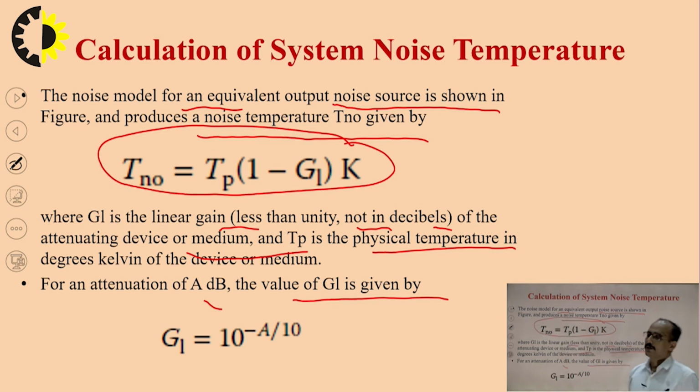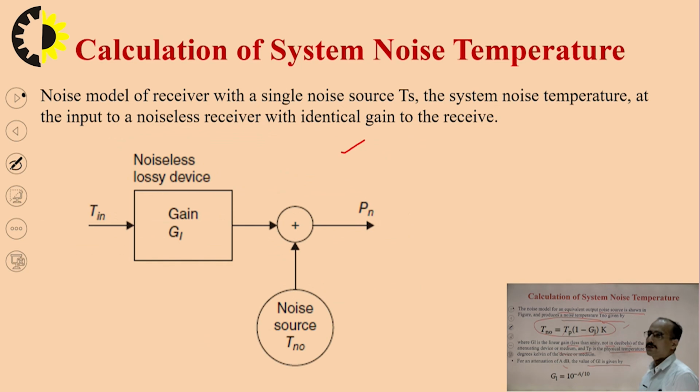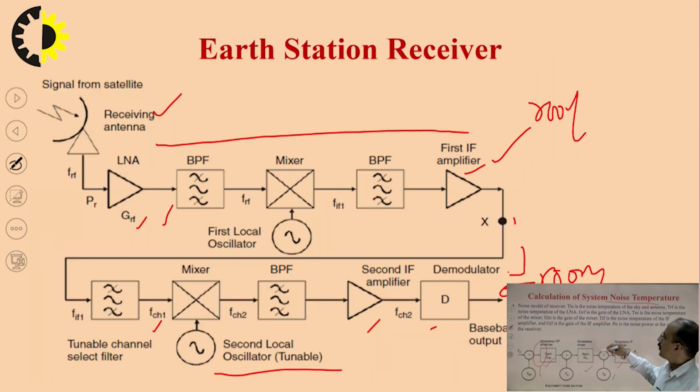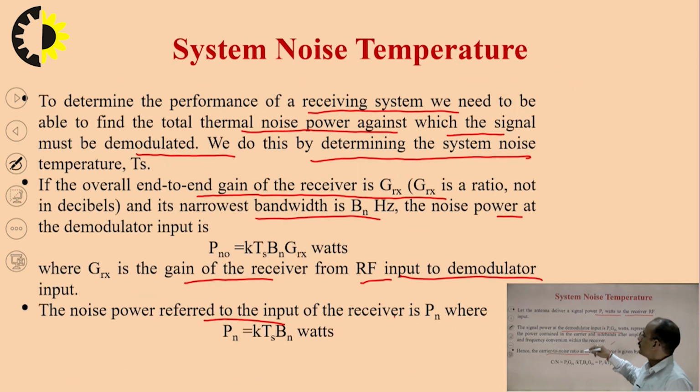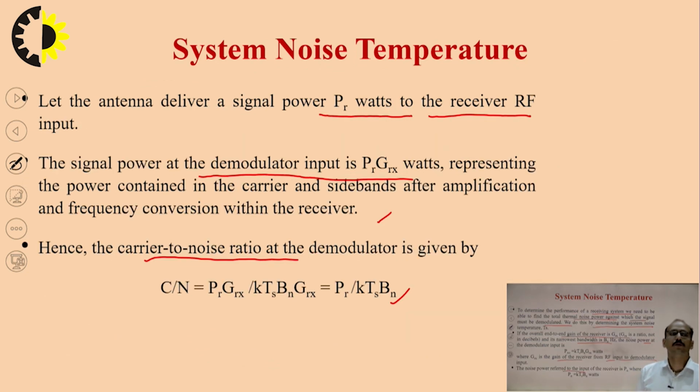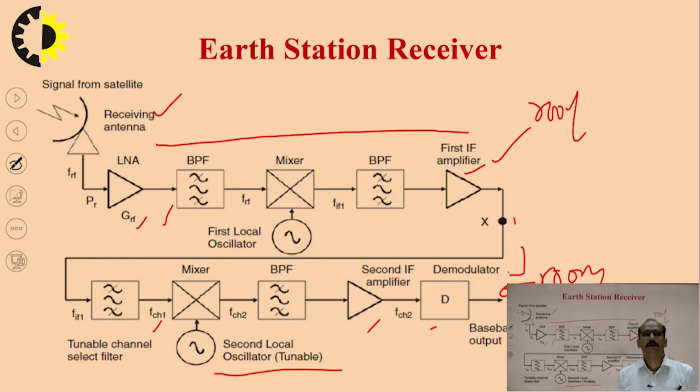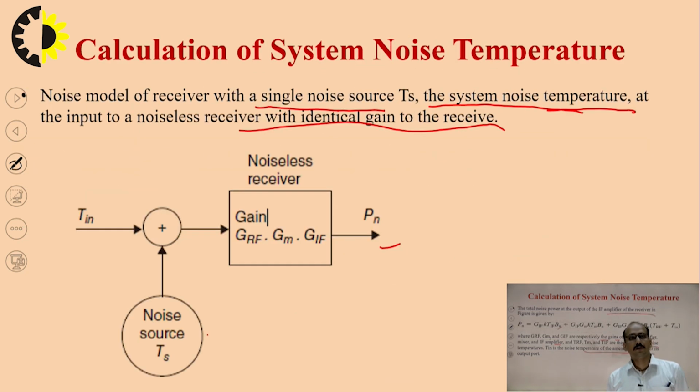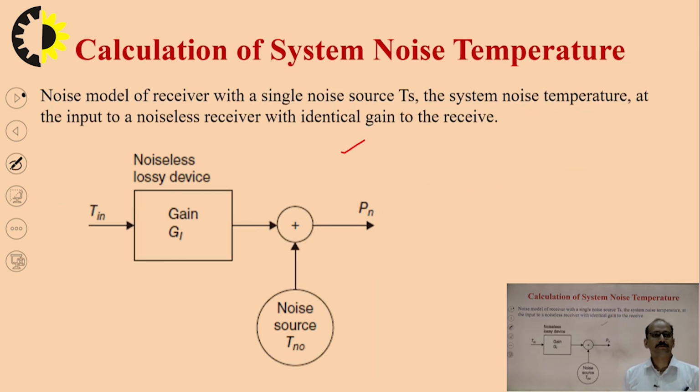Many times the university asks that if the gain is this and Tp is this, what is the value of the noise temperature of the system? So you have to identify this equation also. All these equations are going to be used in the numericals for the system. So these are the system noise temperature.